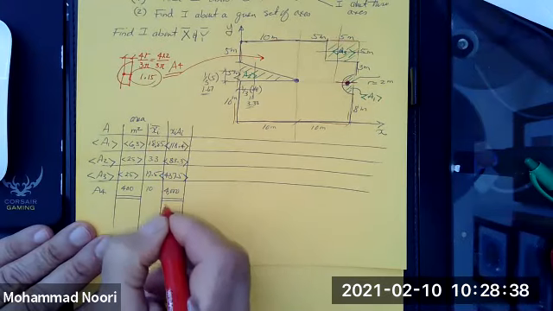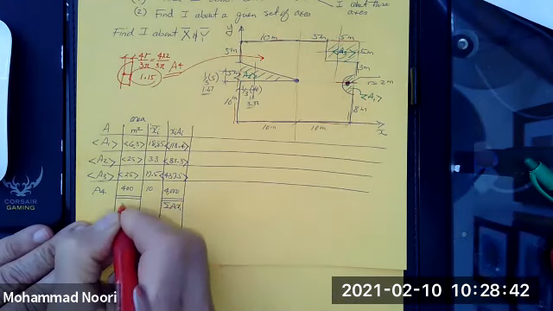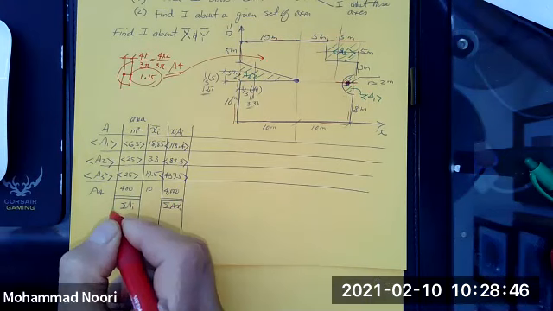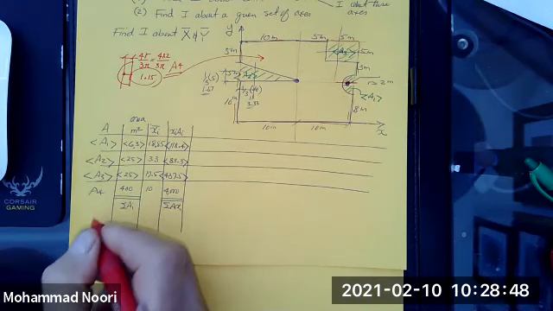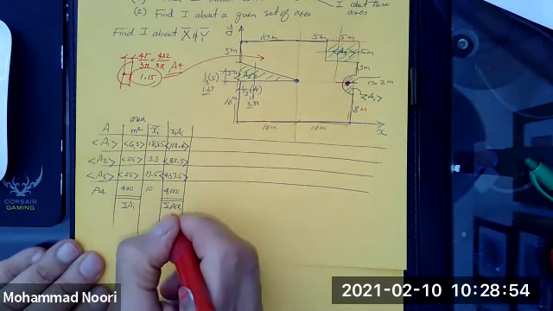So if you add these up, divided by the summation of these areas, which you can find, that would be the sum of these divided by this sum.